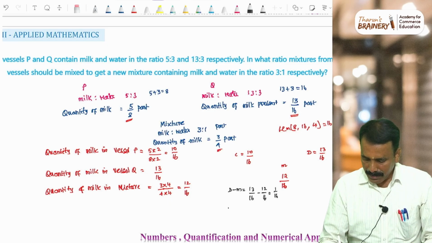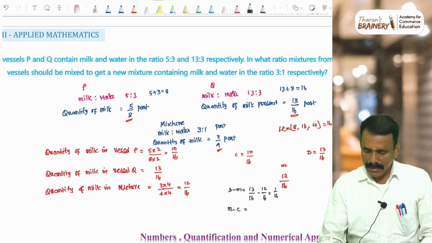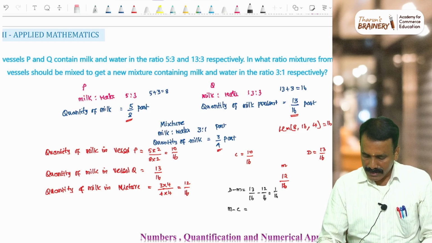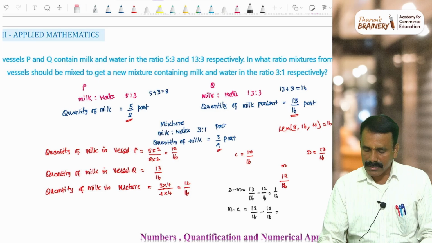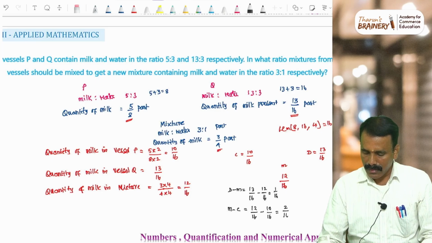Next thing is M minus C. M minus C is, the M value is 12/16 minus the C value 10/16. We subtract. So 12 minus 10, because the denominator is the same, we can subtract the numerators. That gives 2/16.